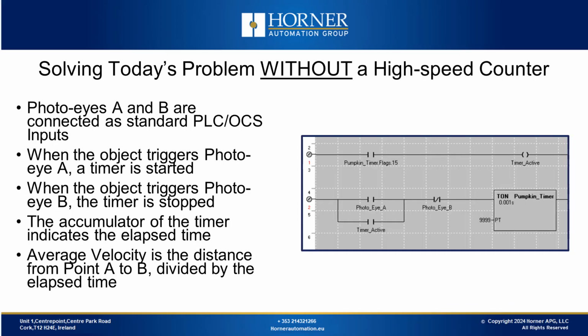To solve today's application problem without a high-speed counter, we would start by connecting photo eyes A and B as standard PLC inputs. Once photo input A turns on, we would start a 1 millisecond retentive timer. Then once photo input B turns on, the timer would stop. The accumulator value of the timer would then tell us how long this process took.